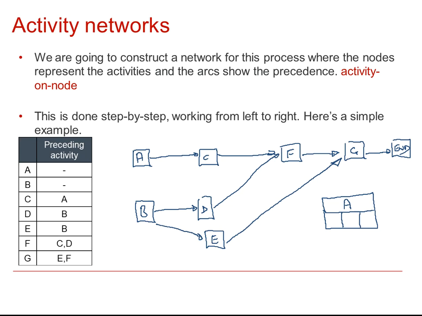So for example, if A had a duration of 10, then that's how we would indicate the node which is representing that activity. The other 2 boxes we'll deal with in a later video. So for now though, we're just going to take this as being the title of the activity. So this is the activity A, or activity name, and then the middle box is the duration of that activity.